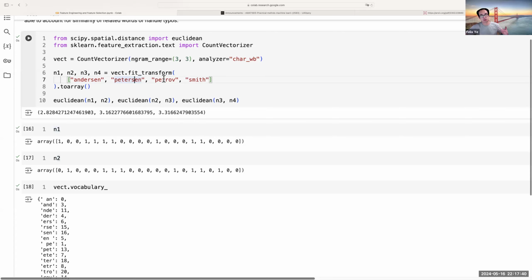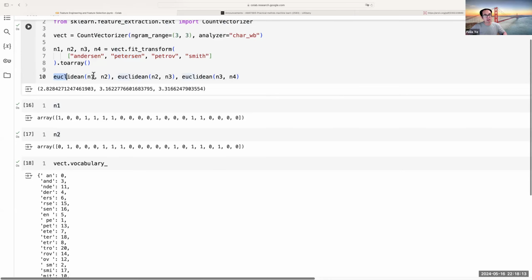But of course, they should be different from Smith. Peterson and Petrov are kind of close because they both start with PET. So hopefully Peterson and Petrov are close together if we vectorize everything. And also Anderson and Peterson should be close to each other because they sound quite similar in terms of characters.